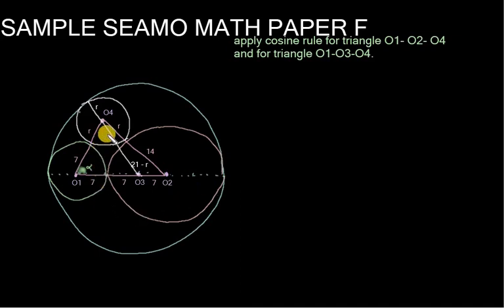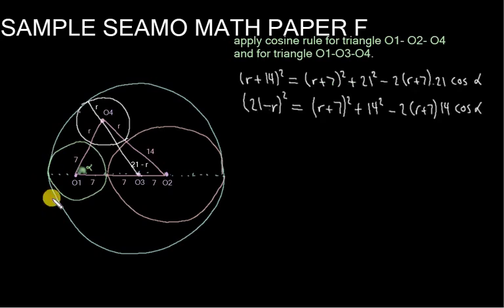Now we can apply the cosine rule for triangles O1, O3, O4 and O1, O2, O4, because both triangles have a common angle O1. We assign the angle as alpha.